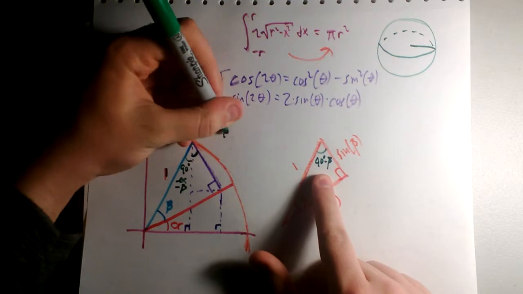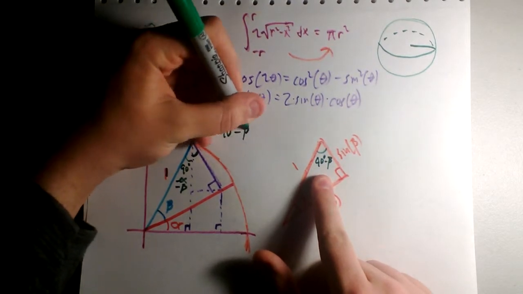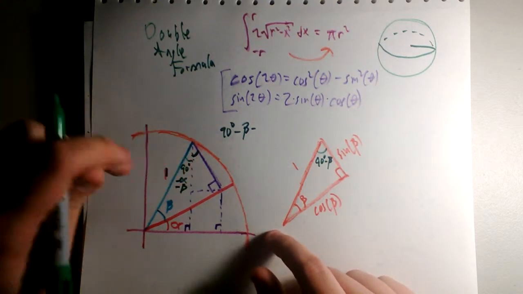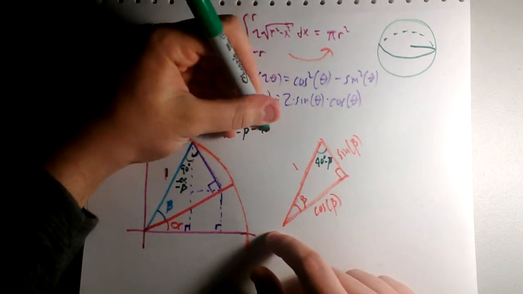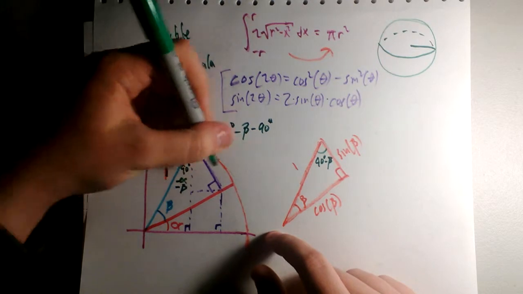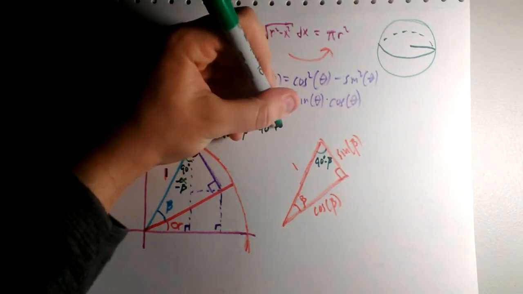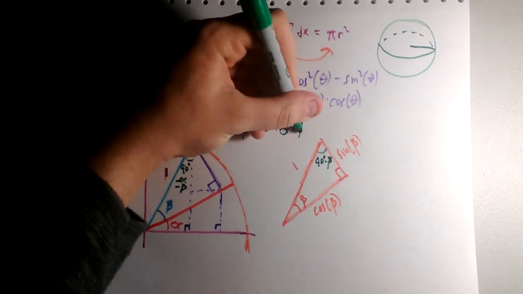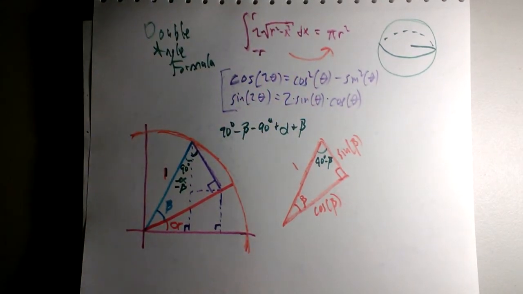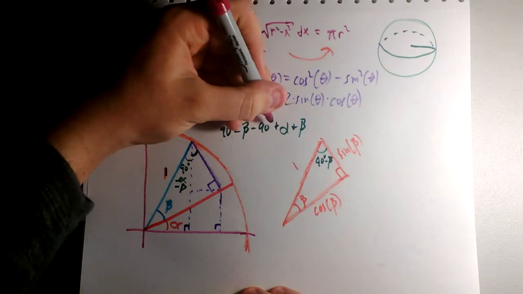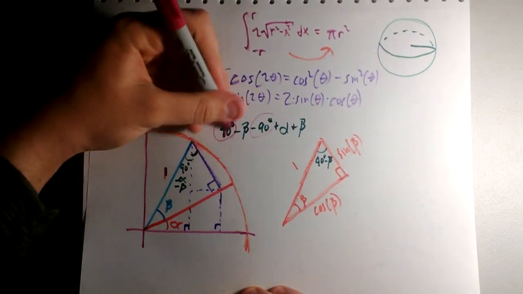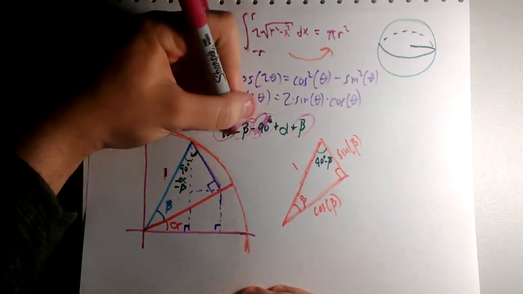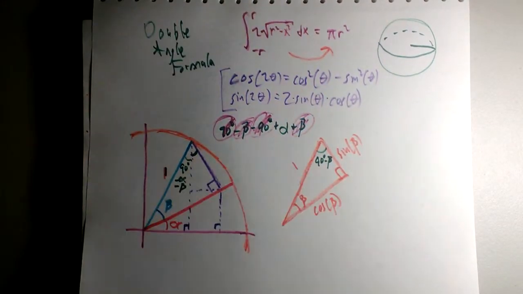So 90 degrees minus beta minus 90 degrees minus another alpha. A minus is a plus, so plus an alpha. Then a minus again is a plus a beta. What cancels here? Well, basically everything. We have a negative 90, so those go away. We have a negative beta and a positive beta, so those go away. And so all we're left with is alpha.